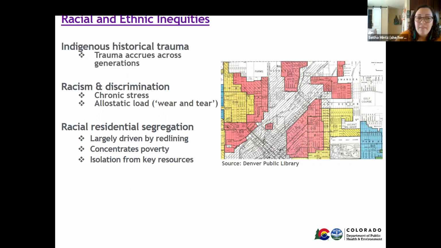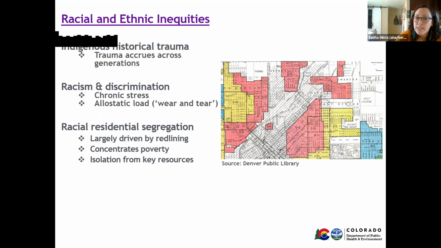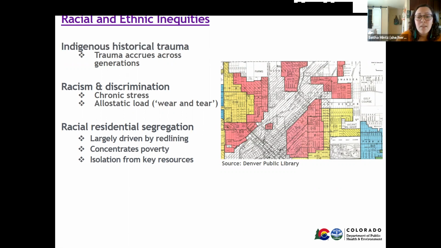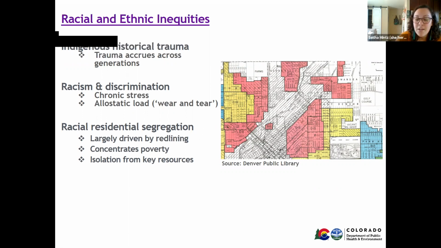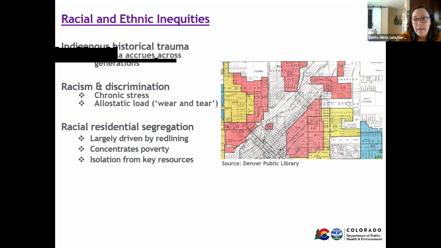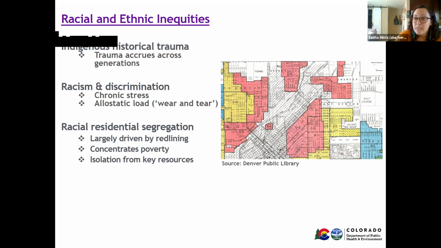Redlining prevented Black families from owning homes, as mortgage lenders would look at the redlined maps and refuse to lend money for Black families to move into majority white neighborhoods. On the slide is a redlined map of Denver in 1934, showing how neighborhoods like Five Points and Globeville were highlighted red and systematically segregated. This also happened in other towns in Colorado, like Pueblo.